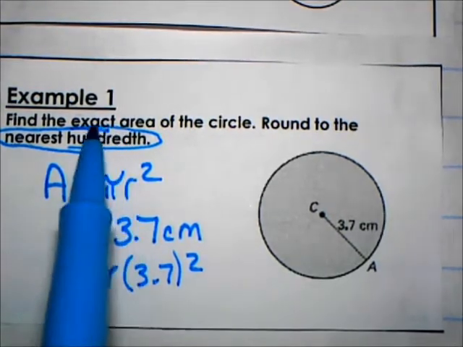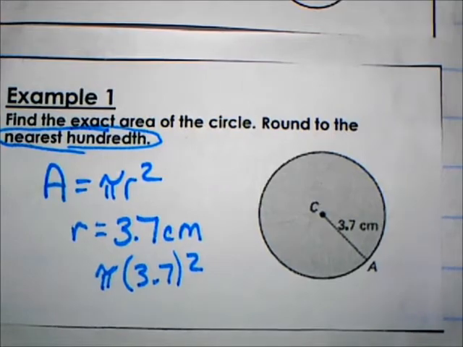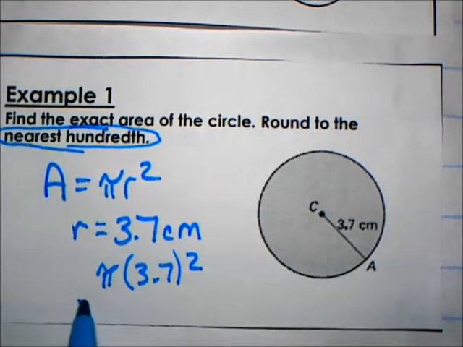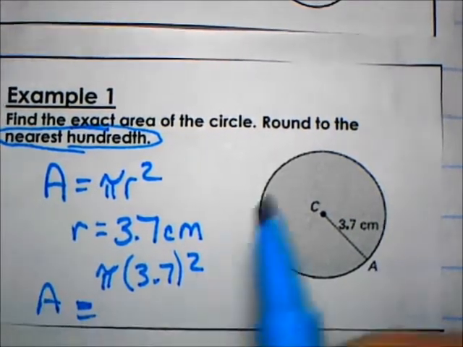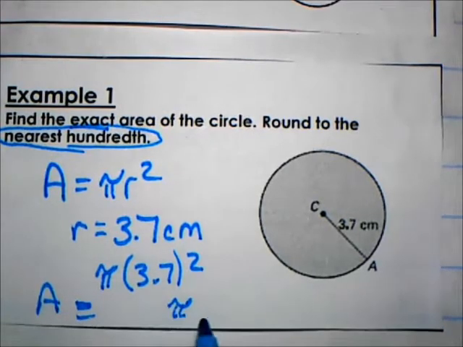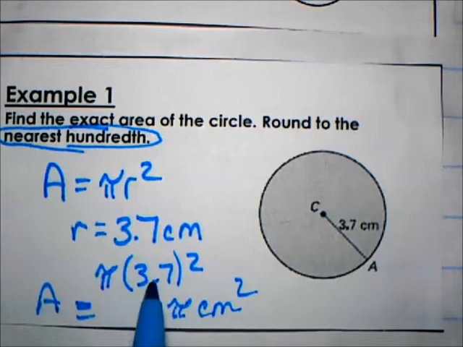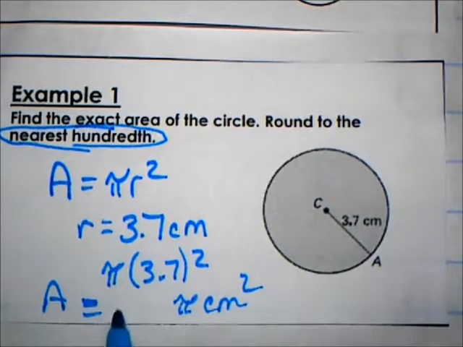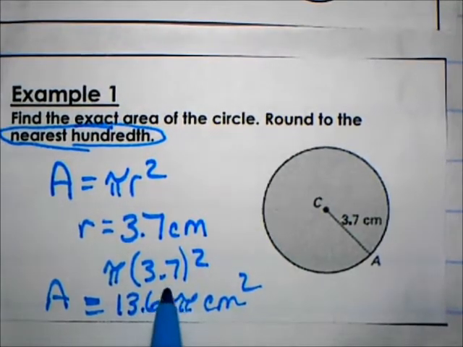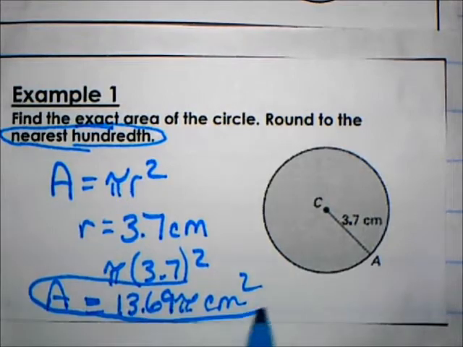Because it says exact, pi is part of my answer. So my area will have pi and centimeters squared, and I need to know that decimal by doing 3.7 squared, which gives me 13.69. And that would be my answer.